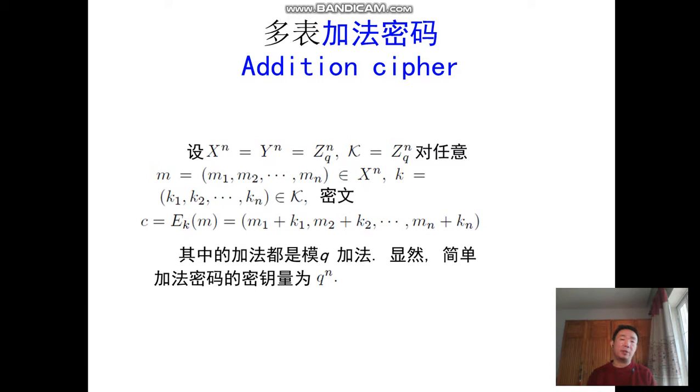This is not very difficult. So when decrypting, we just use the same block length and subtract the corresponding ki from the corresponding message.